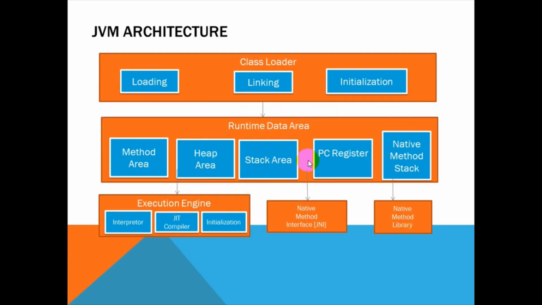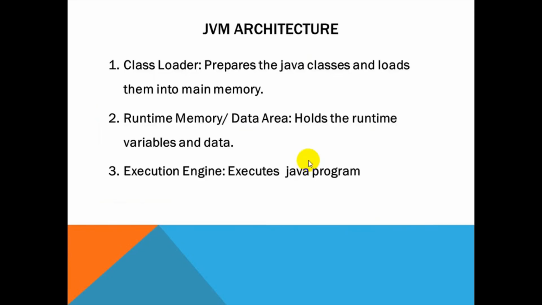Now we'll see the JVM architecture clearly. We have a class loader, runtime data area, execution engine, JNI, Java Native Interface, and finally the native method library. The class loader prepares the Java classes and loads them into main memory.